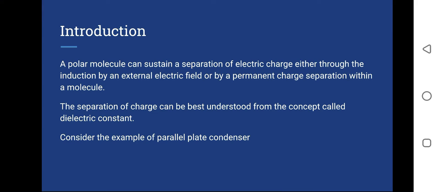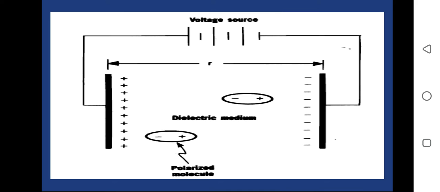A condenser is one that can store energy. A simple condenser consists of two parallel plates separated by an insulating medium. If we apply a potential difference across the plates, electricity will be stored depending upon the nature of the medium. This is the diagrammatic representation of a condenser having two plates connected with a source of energy, that is electricity, and we apply the potential difference across the plates.